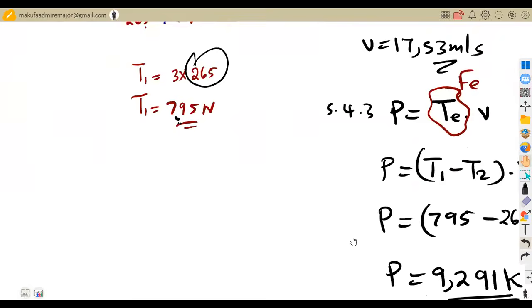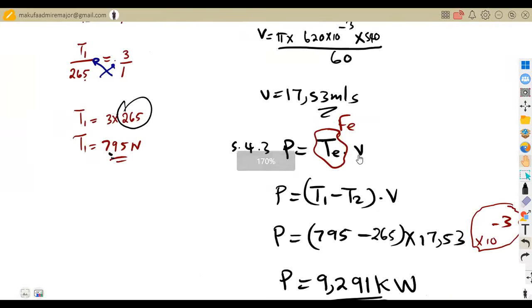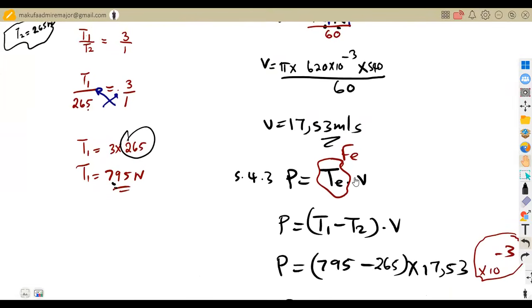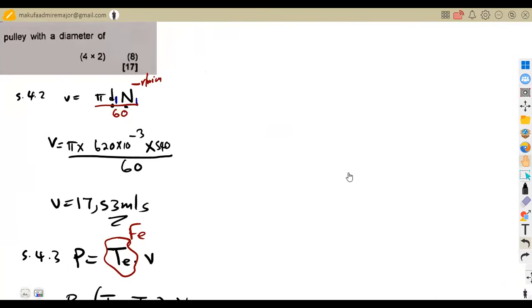Remember, what we are supposed to calculate here is N2 in this case. This is the rotational speed. We are talking about the rotational frequency, which is N2.